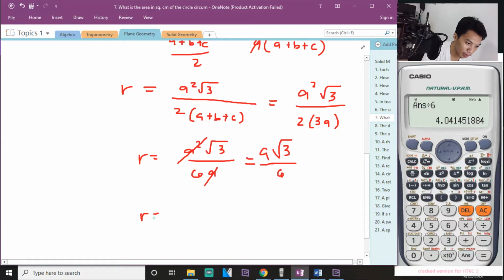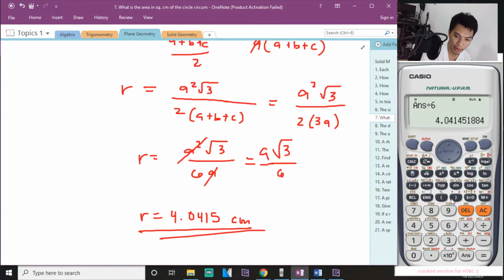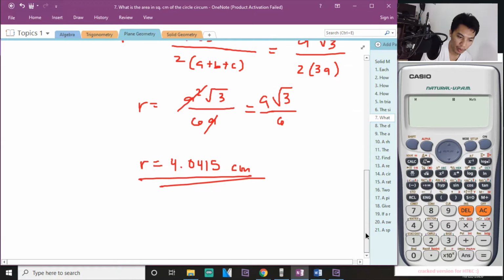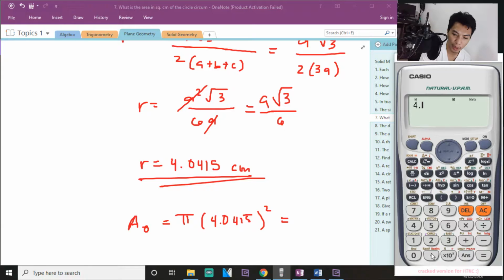R is equal to 4.0415 cm. Now, pwede nating malaman yung value ni area ng circle. So, for the area ng circle, that is pi times R, R is 4.0415 squared.